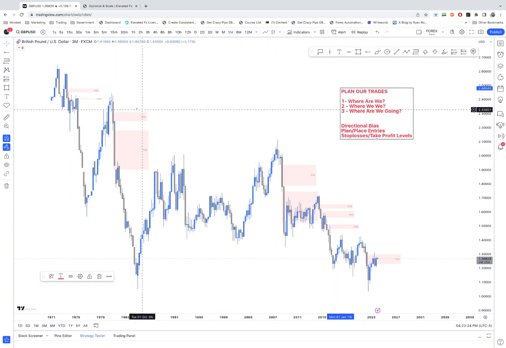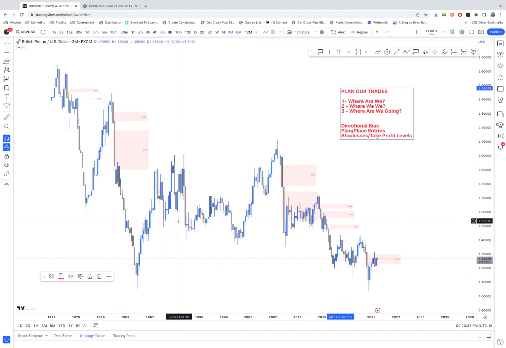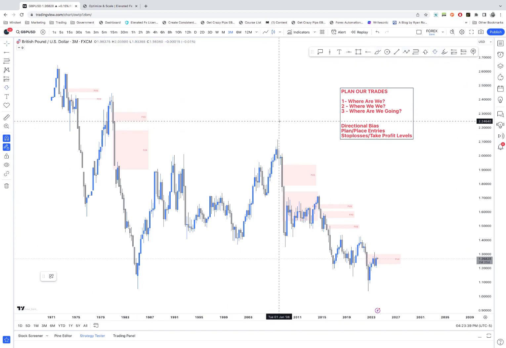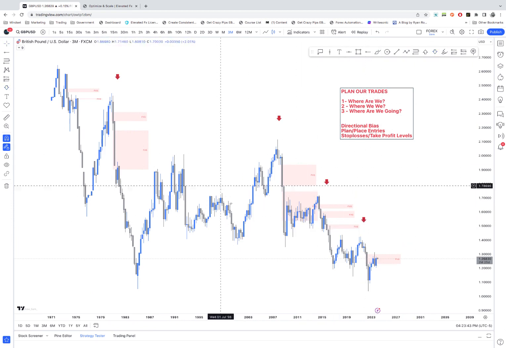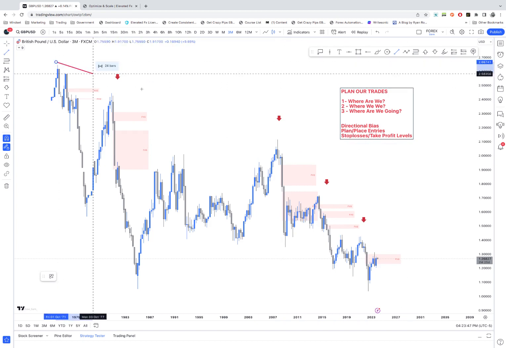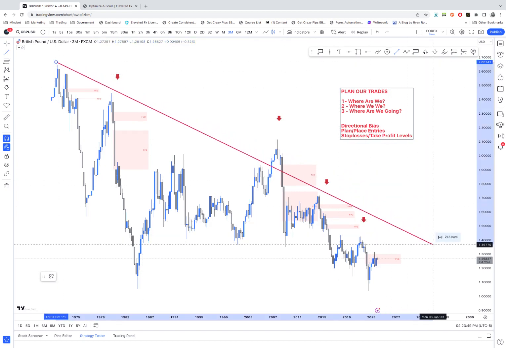What I wanted you to take a look at is overall, which direction on the higher time frame is this currency pair going, and which direction is the trend. As we can see, most people will probably say this is all heading down, or it's been going down for a while. The structure itself is on a downward slope. That's what we want to focus on here.